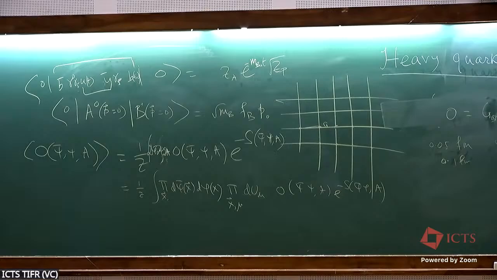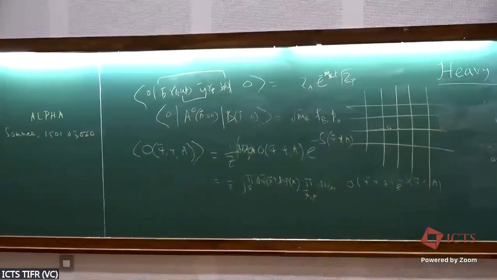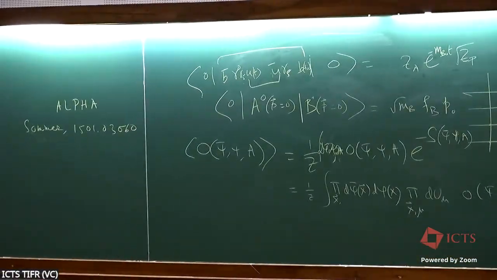Okay, and now I will very broadly say what's the plan, how they do it. I mean, of course, you can do it perturbatively, matching the static current to the full QCD current.